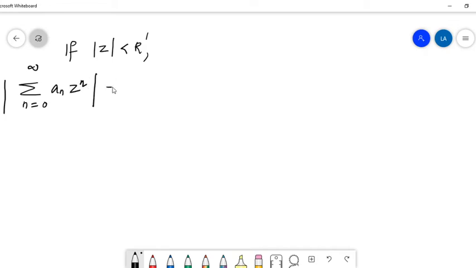This is equal to modulus of a naught plus z into summation n is equal to 0 to infinity a n plus 1 into z raised to n, right? Can we write like this? Yes, we just said that earlier.